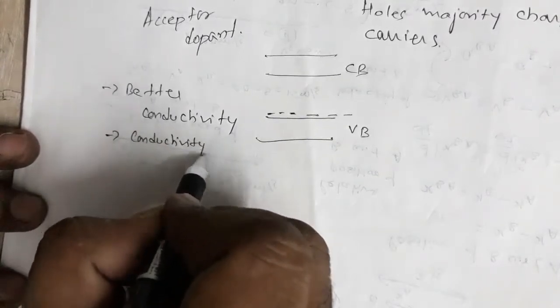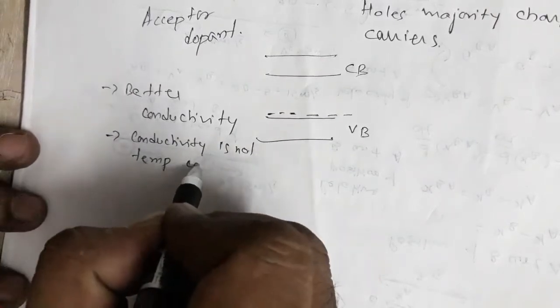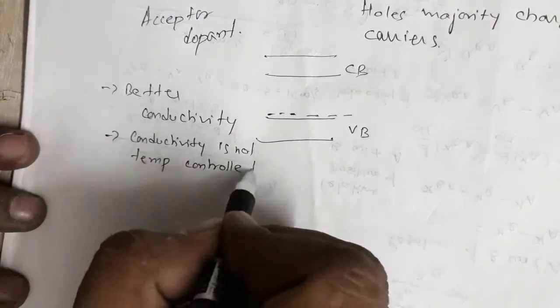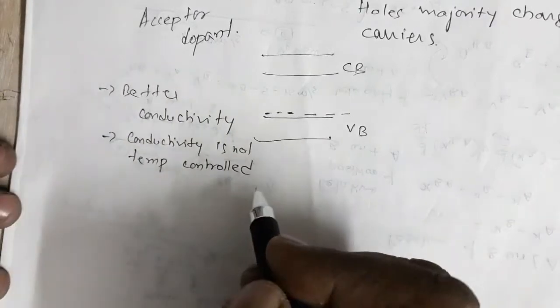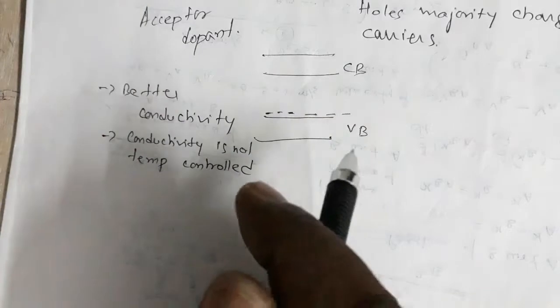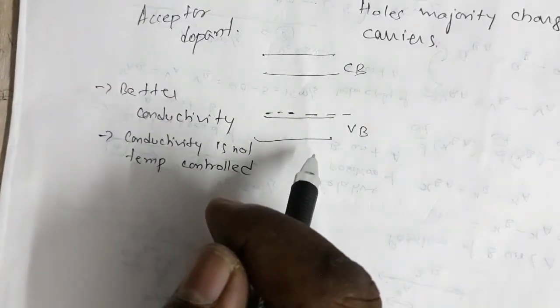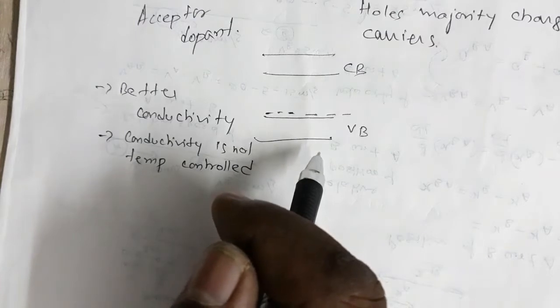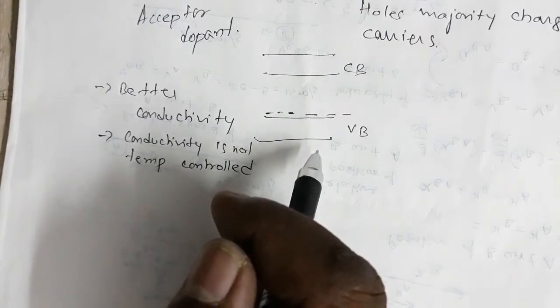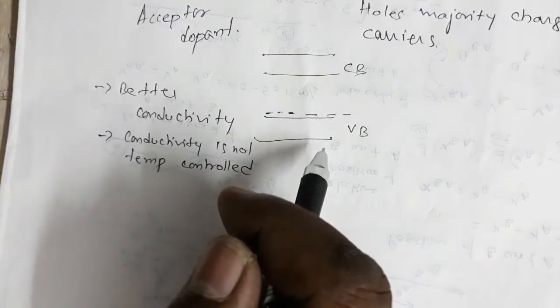See here, conductivity is dependent on the number of electrons or number of holes formed, and we have seen that it is controlled by the number of impurity atoms added. So the conductivity is not temperature controlled, but it is in our control. It depends on what kind of impurities we are adding and in how much concentration we are adding the impurities.